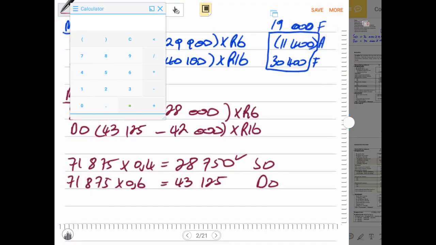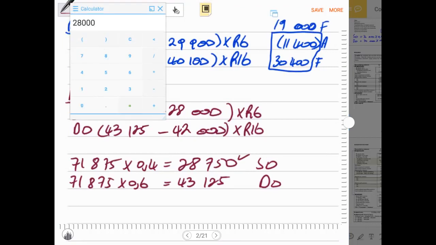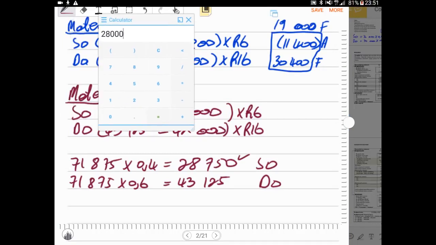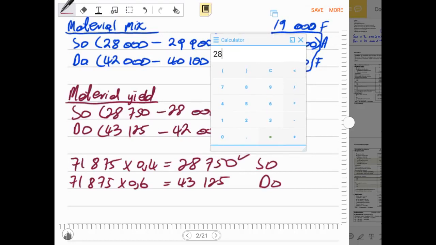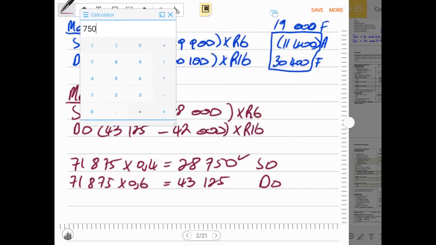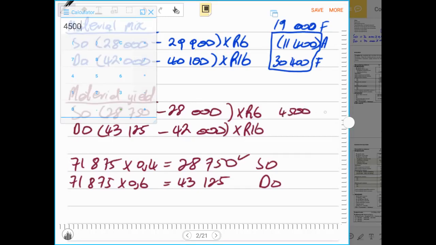Now we proceed to the calculations. 28,750 minus 28,000 gives us 750, and 750 times 6 gives a total of 4,500 variance that is favorable.